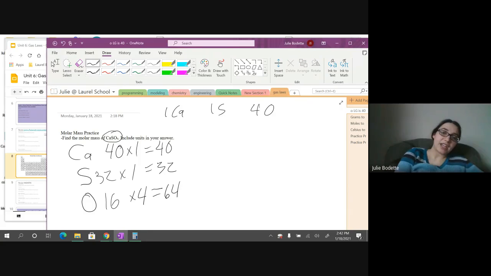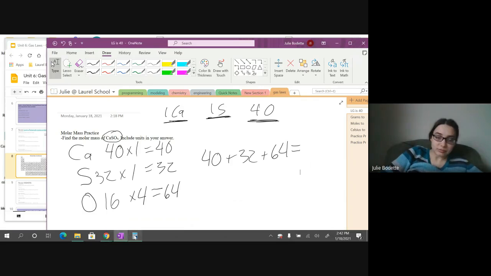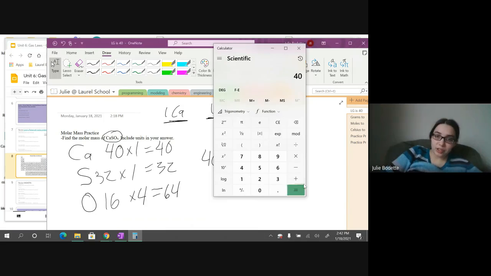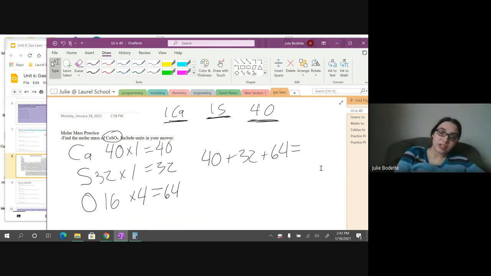Then we just add these together to get the total weight, because the total weight of CaSO4 should be the weight of our calciums plus our sulfurs plus our oxygens. So 40 plus 32 plus 64 is 136.